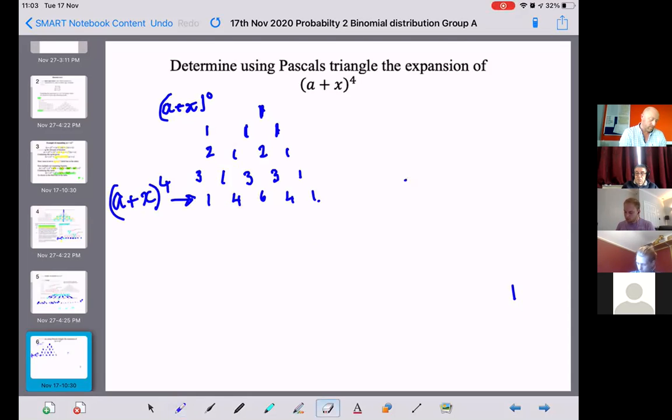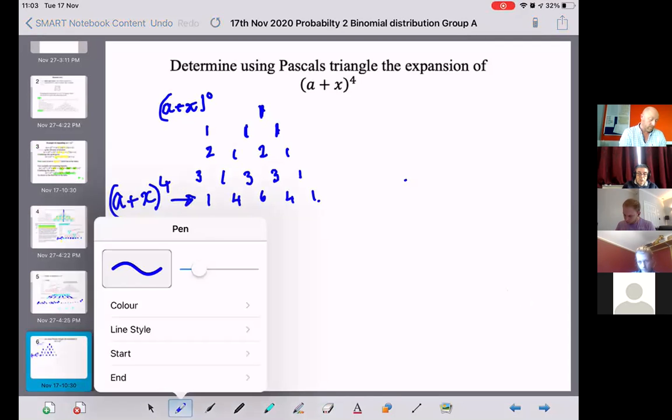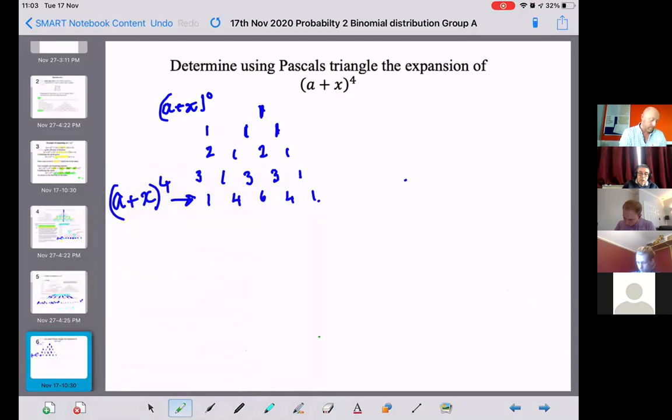So now I can build my expression, because I know that I've got to start with a to the 4.